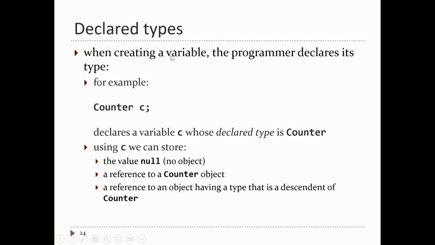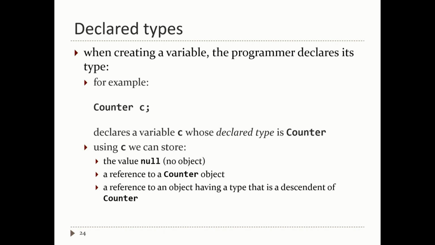Okay, when you're talking about variables, every variable can have more than one type as well. So when you write something like Counter c, what you're saying is that the variable c refers to a counter of some kind. And so the declared type of c is Counter.